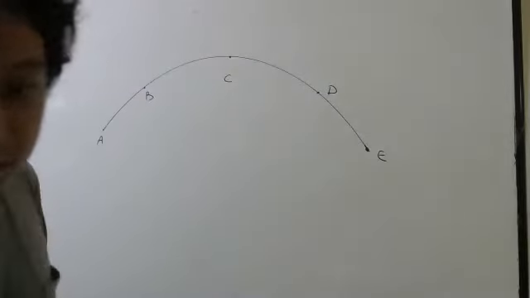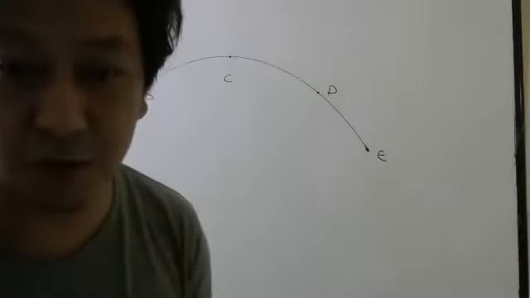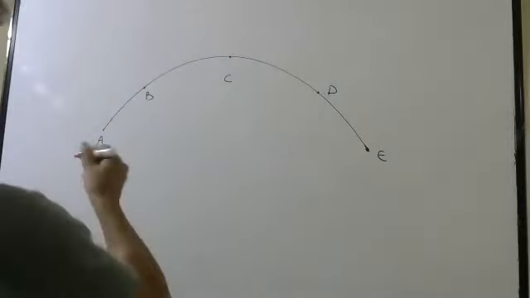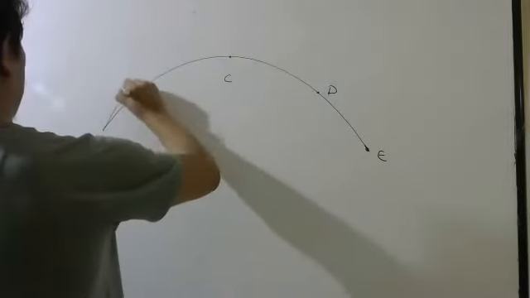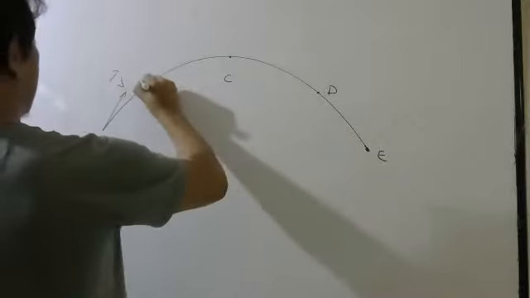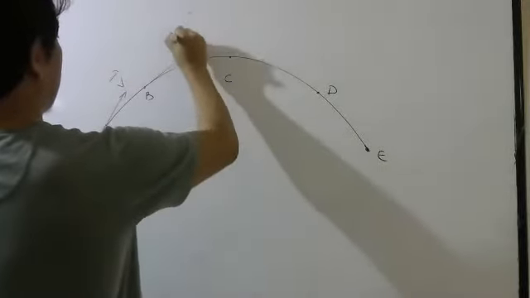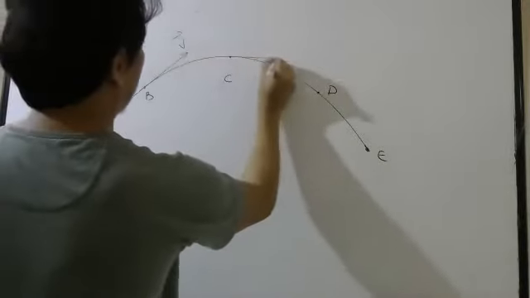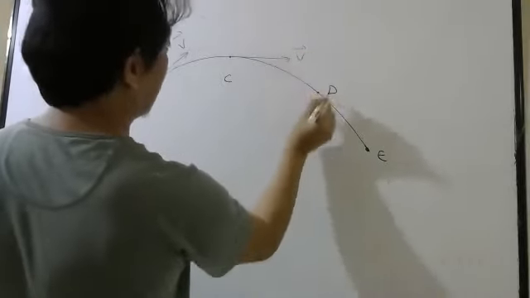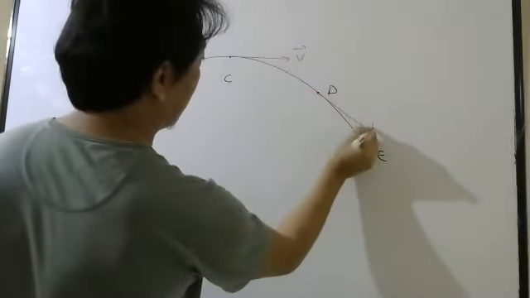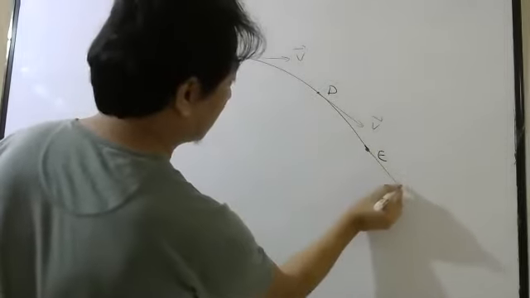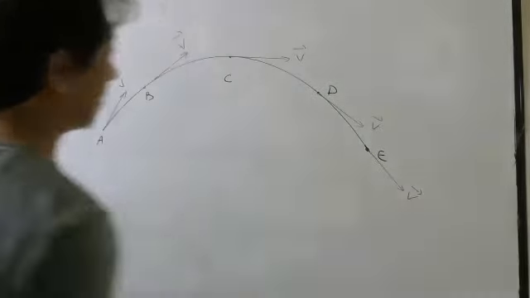Obviously the answer is C, because the velocity vector, how do you draw? Tangent. So here the velocity vector will be like this. Here the velocity vector will be like this. Here, like this.